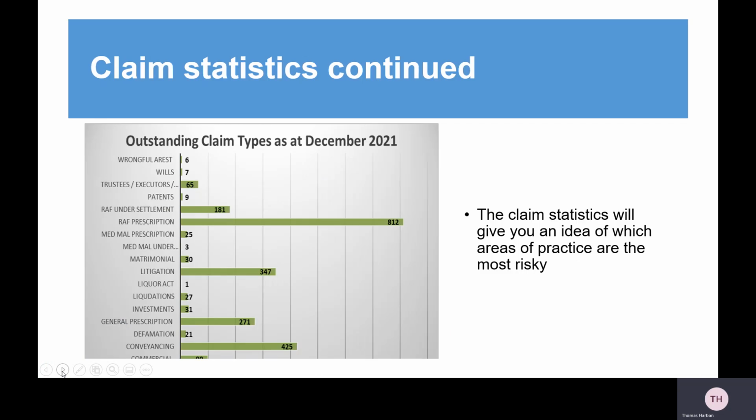This is just another representation of the outstanding claims. You'll see how RAF prescription claims by far are the highest in number. And I would also mention that RAF prescription claims notified to the LPWF make up more than 60% of both the number and value of claims notified.